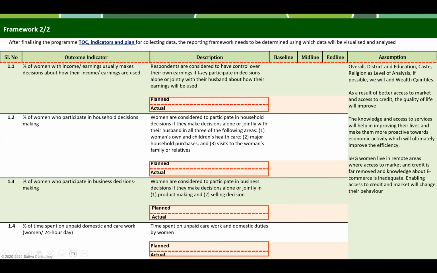So I mentioned in the description that respondents are considered to have control over their own earnings if they participate in decisions alone or jointly with their husband about how their own earnings will be used. So for everything, we come up with a different sort of description. So I don't need to ask you, okay, hey Kumar, could you please let me know what you mean by this indicator? You already have a description of it. And then you put the assumptions, and all this information is available with you.